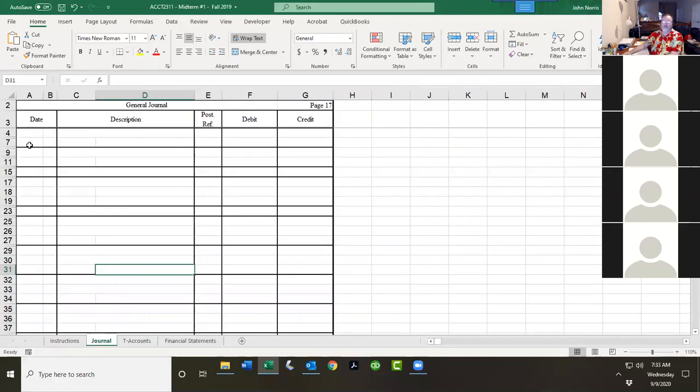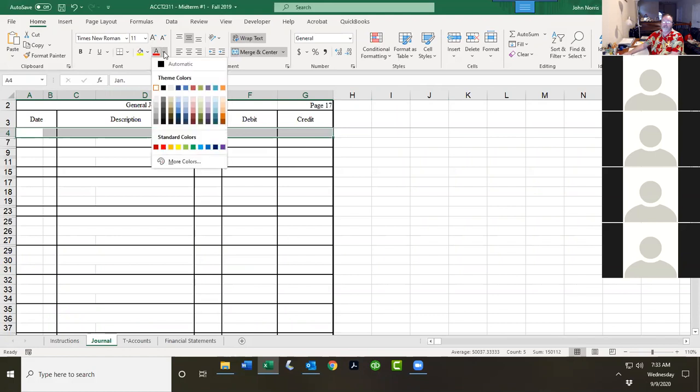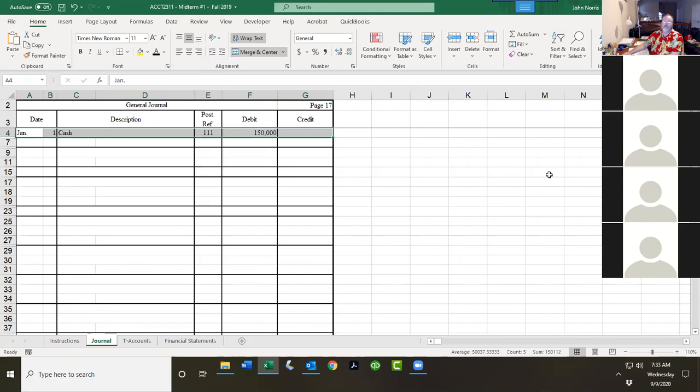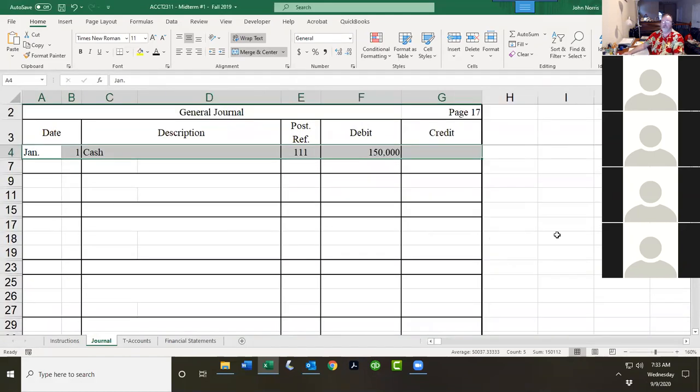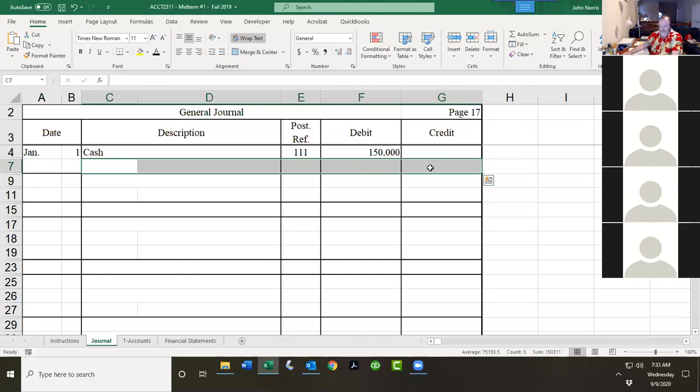So the debit for that is cash. We're going to debit cash in the amount of $150,000. Let me make that a little bigger so you can see it. The credit is common stock.